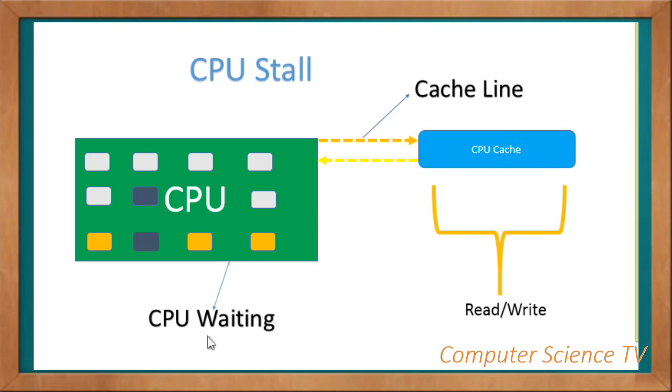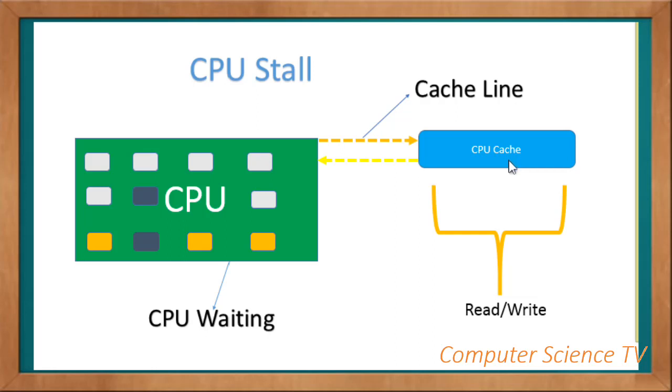During that time, the processor is going to be waiting. While the processor is waiting for data to be written to or read from the CPU cache, it is waiting for the CPU cache to finish reading or writing data. The cache, as we've said, is not as fast as the processor, even though it's faster than the main memory.